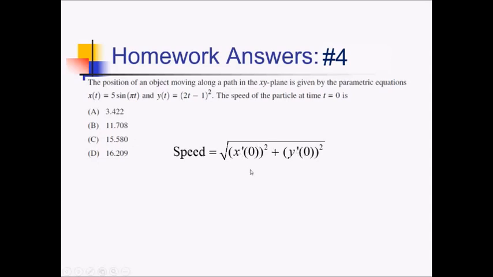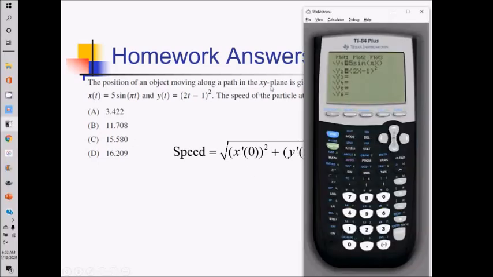Let's see what I did here. So I started in my y equals by entering my x of t and y of t functions. And I'm going to quit to the main screen now and do basically all of this. So this took a little while for me to enter off camera, but let me show you what I did. I did math 8 to get my derivative, dx, because we always do things in terms of x on the calculator.